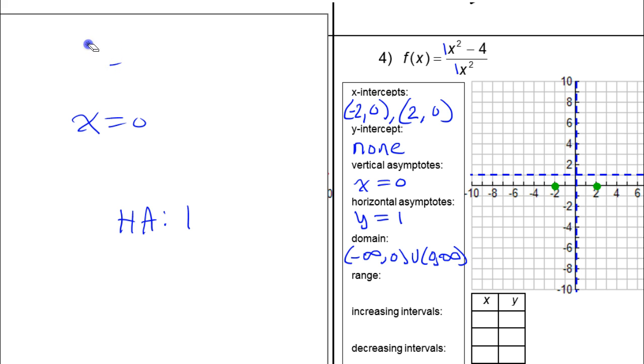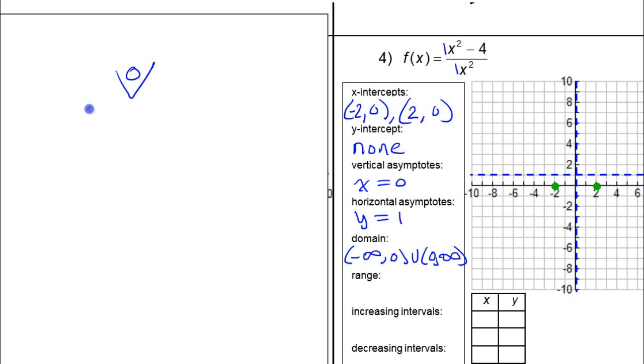And to do that, focus your eyes on the vertical asymptote, or asymptotes if you have more than one. Our vertical asymptote is at 0. So that makes this problem pretty simple. Since the vertical asymptote is at 0, we definitely want to use the decimals, 0.5 units to the left and right.